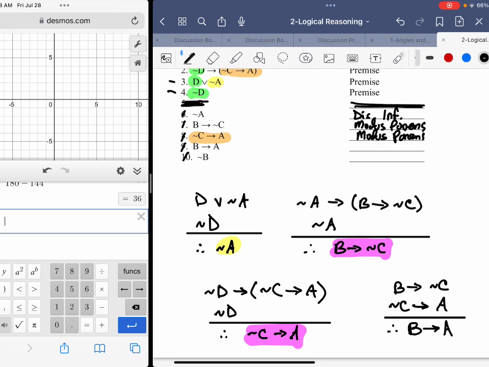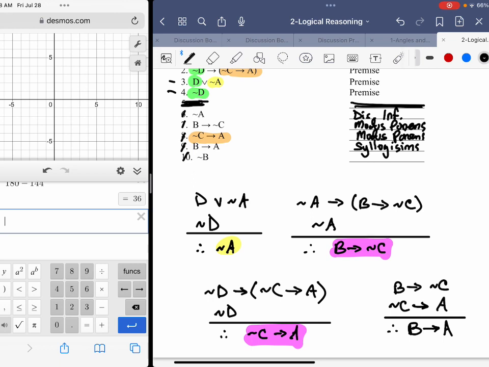Some people call it the chain rule. If you're going from A to B and then B to C, aren't you really just going from A to C? That was my Syracuse to Buffalo to Toronto example earlier.